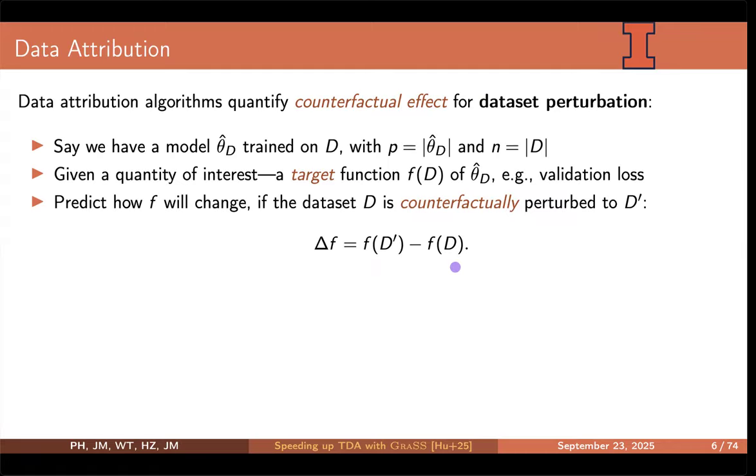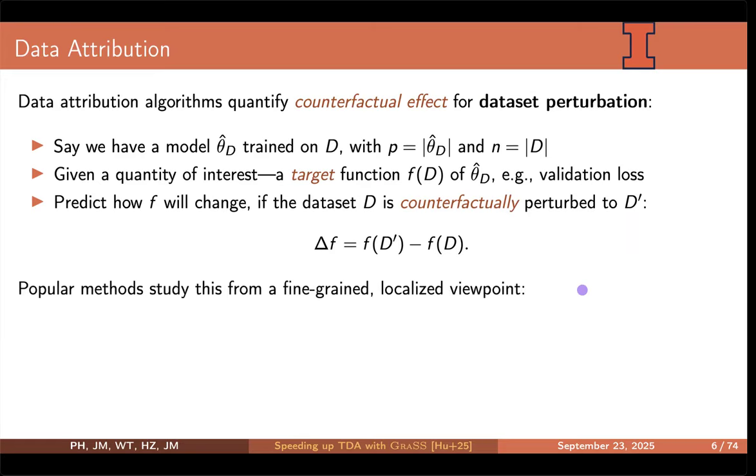Instead, we're trying to approximate this effect given that we have access to theta D only, but not theta D prime. So counterfactually, we are thinking about what if the data set is D prime, but not D. So how can you do this? Or what's the first step to tackle this problem?